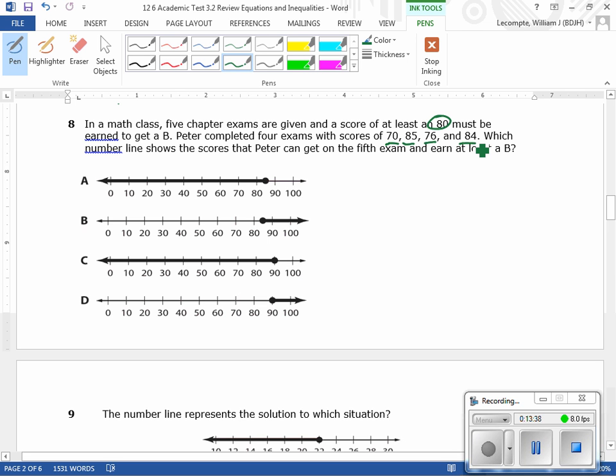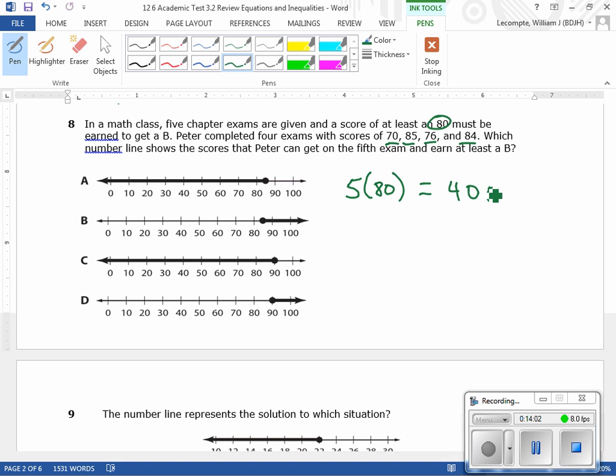The way I would look at this is I have to take 5 exams, right? And I have to average an 80 on each one. Well, if I take 5 times 80, I get 400 points. And the 4 tests that I've already taken, I could subtract from this.